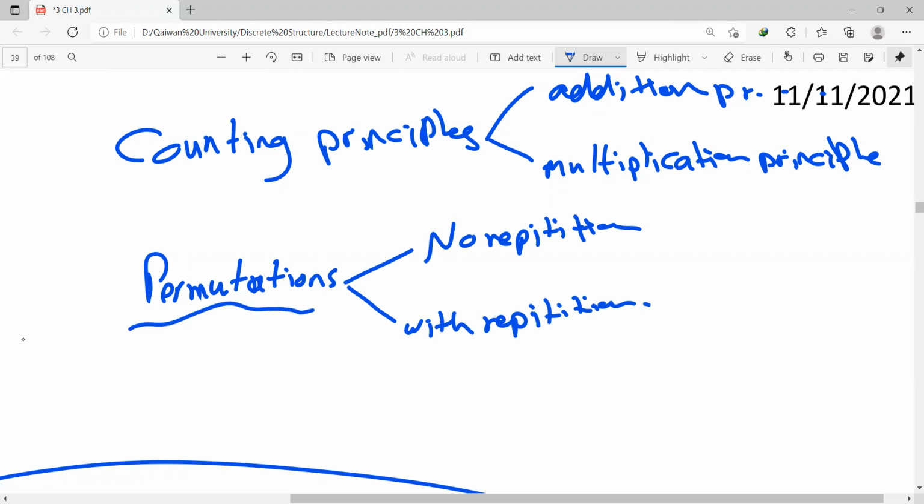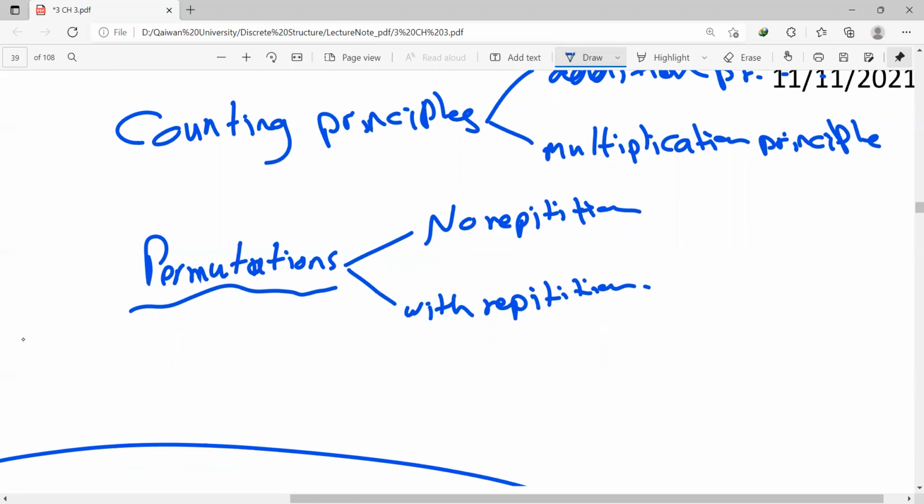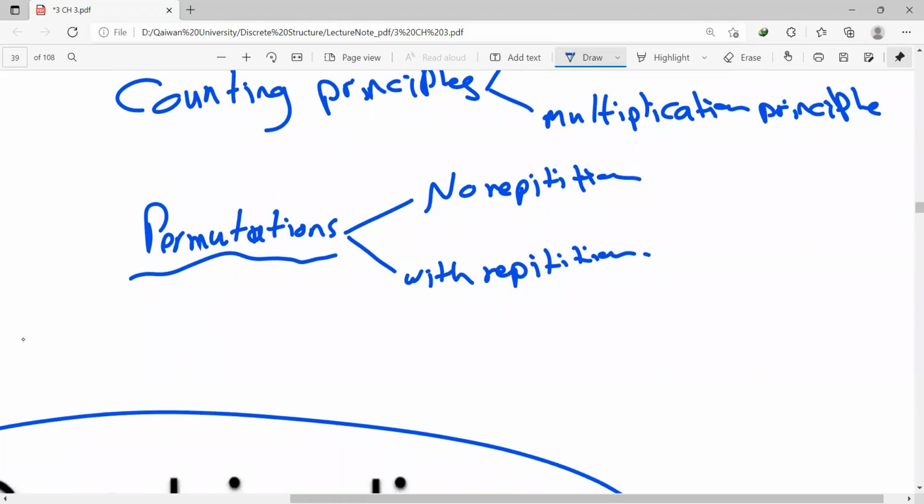But for permutation, we said we care about ordering. Okay? We care about ordering for permutations. But for combination, we don't care about ordering the choices.